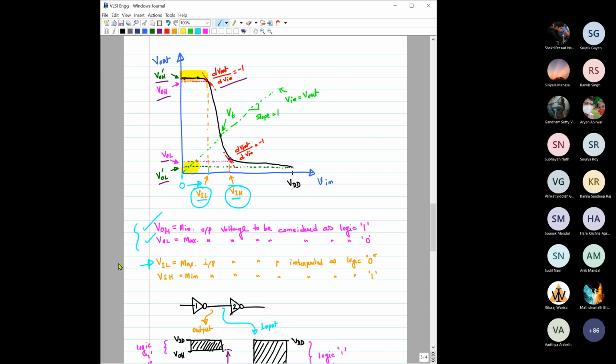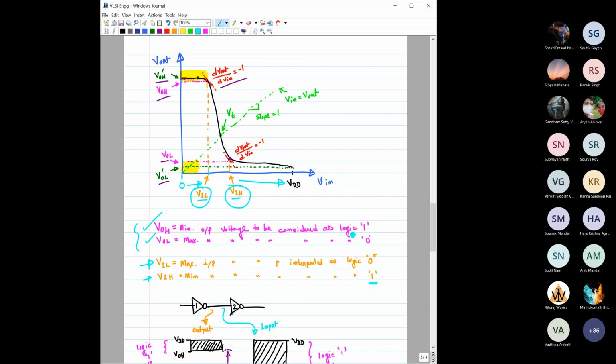Then VIH's definition is also clear from this. VIH is the minimum voltage on the input side which can be interpreted as logic 1. So any voltage from VIH till VDD can be considered as logic 1, right?